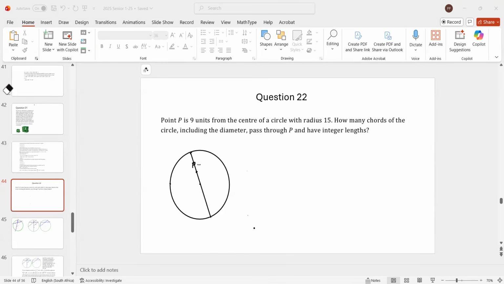Let me see whether I can use that effectively. So if the diameter is the largest chord, remember the distance from P to this is 9. The radius is 15. So the distance from here to here is 15, but this part is 9.